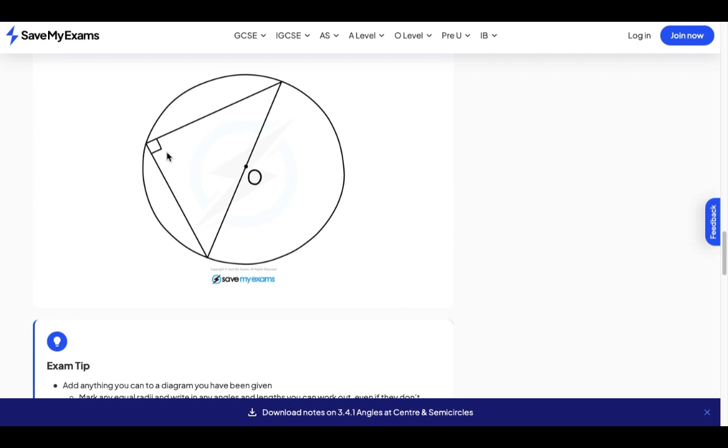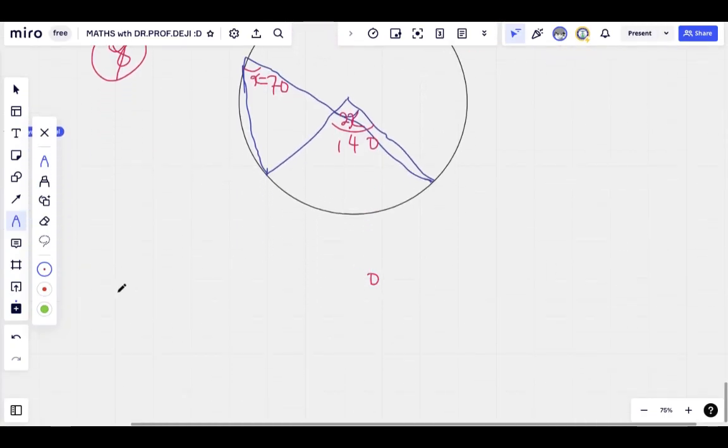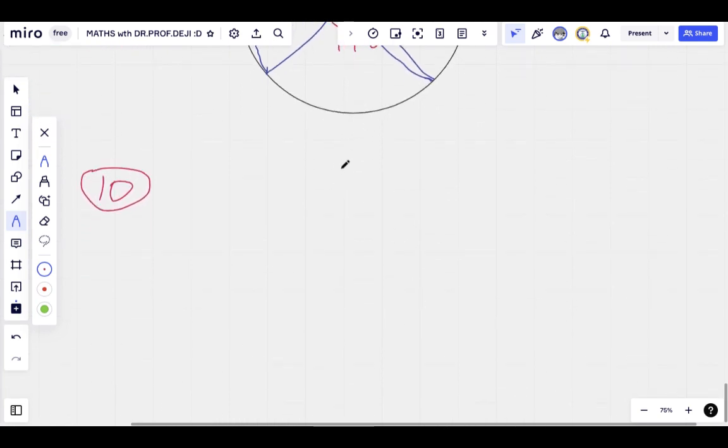Now, if they give you this, let's draw this. 90, question number 10. If they give us something like this, and then we have the diameter, a line passing through the center of the circle.